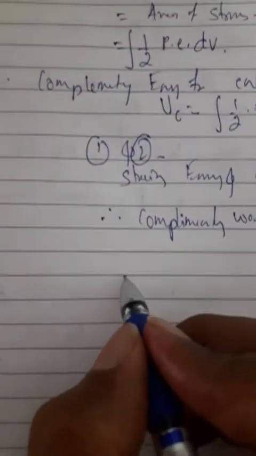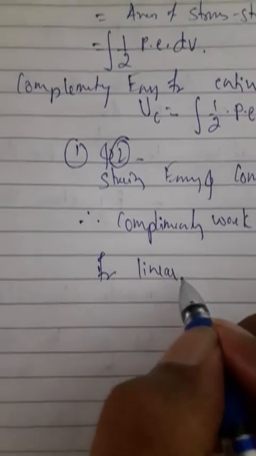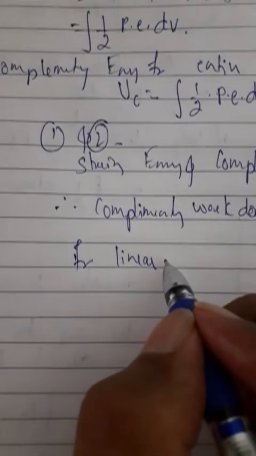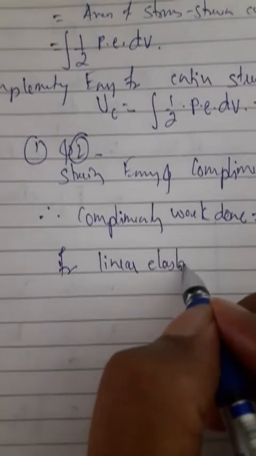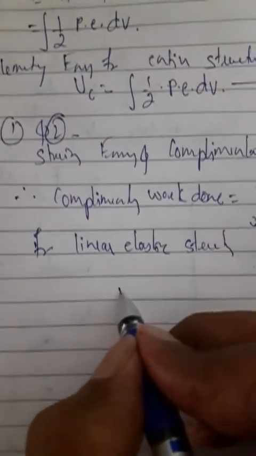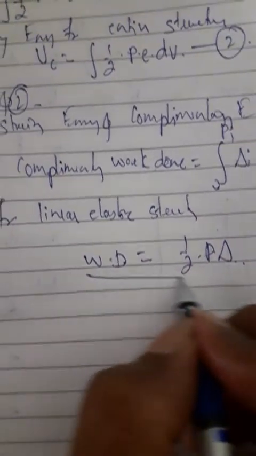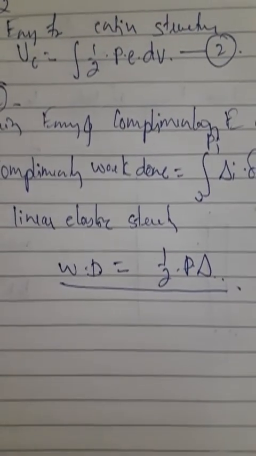Now for linear, meaning the stress strain curve is linear, for linear elastic structures, work done is given by half P into delta. These are the equations which we use in the design of strain energy problems. Thank you.